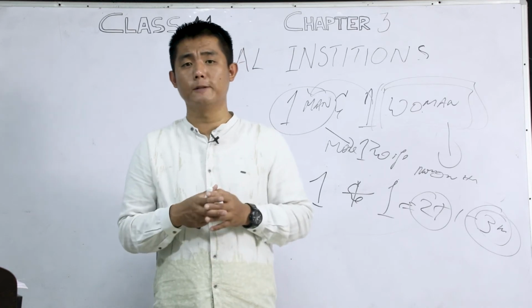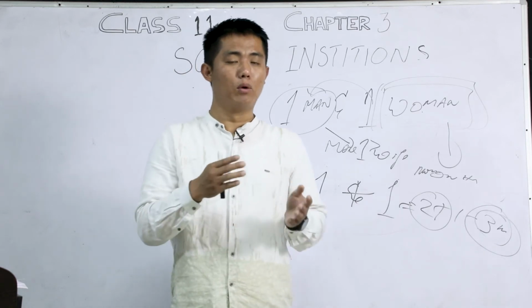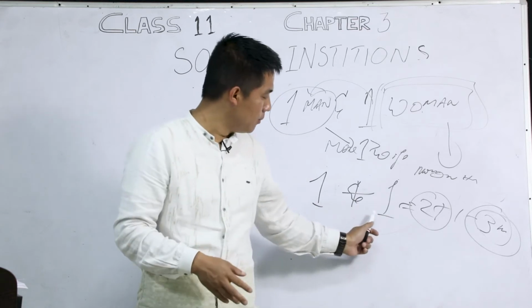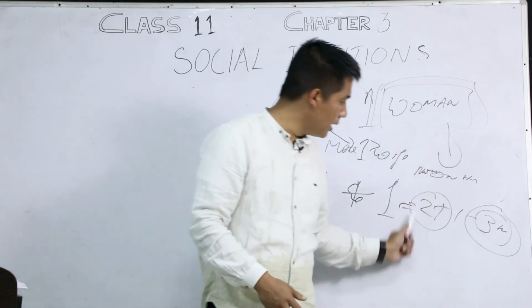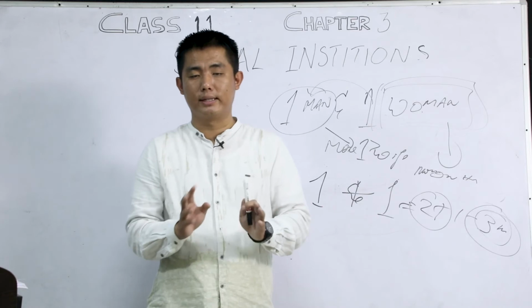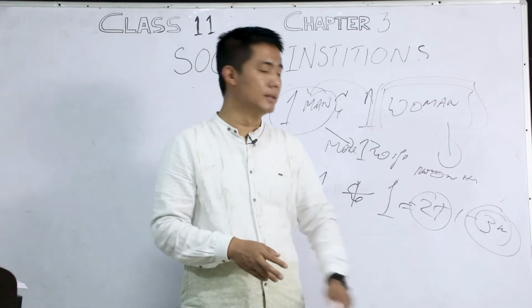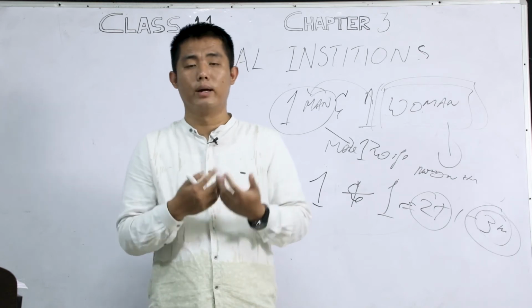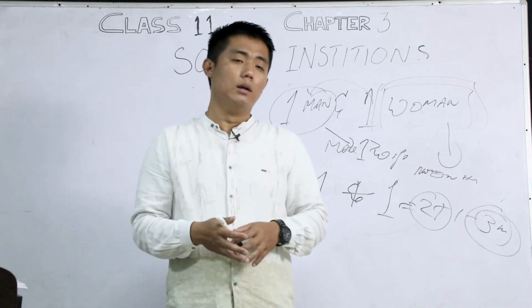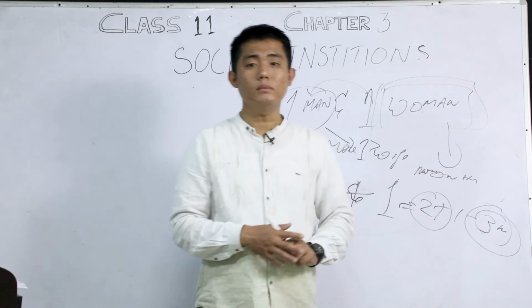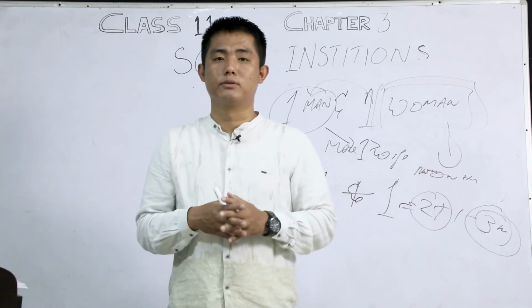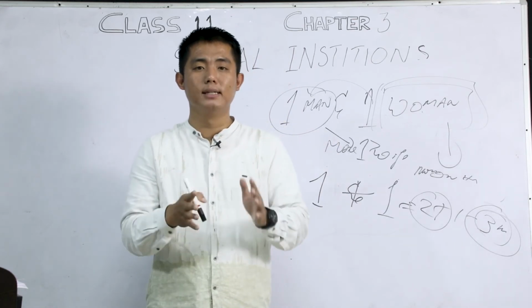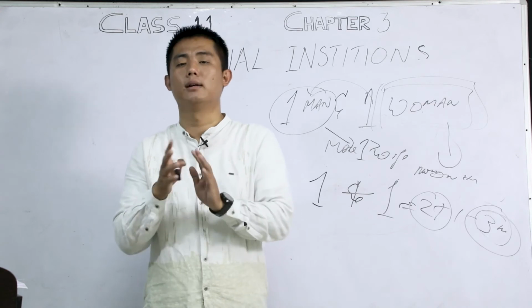It means a woman marrying more than one husband, and they are brothers. The second is non-fraternal: she marries more than one husband, and they are not brothers. Fraternal, they are brothers. Non-fraternal, they are not brothers.